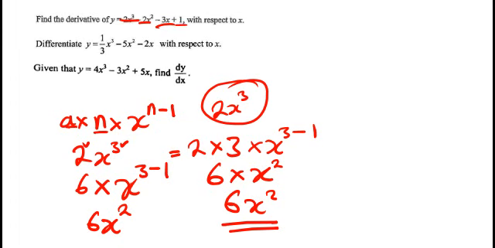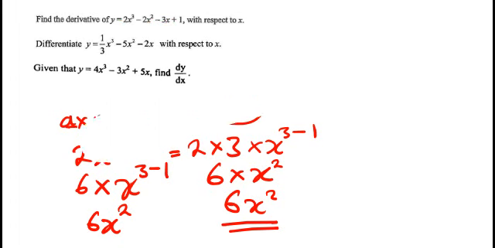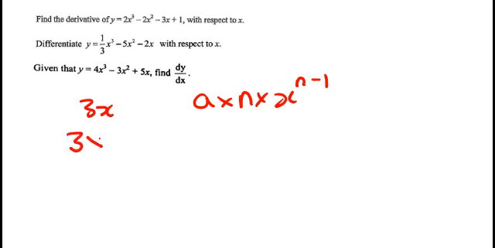Now, one thing which you need to understand as well is that when you have 3x in this case, how can we differentiate this? Remember, we are following the rule a multiplied by n multiplied by x to the power n minus 1, which simply means that our a is 3 multiplied by our n, which is the power.